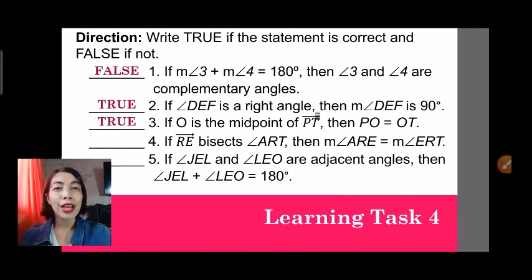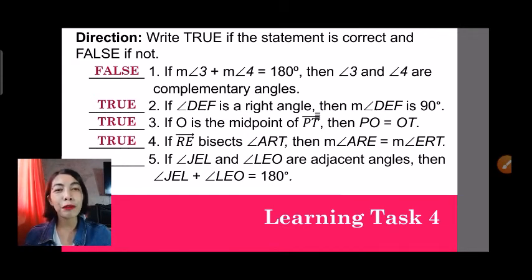Okay? Your answer must be true. If ray RE bisect angle ART, then the measure of angle ARE is equal to the measure of angle ERT. Okay, I hope your answer is true.